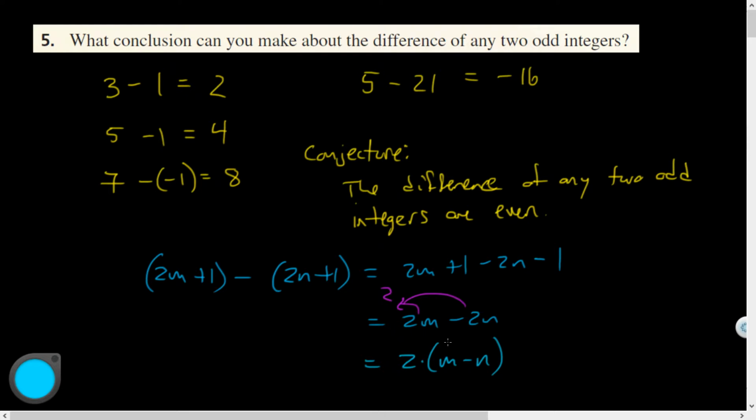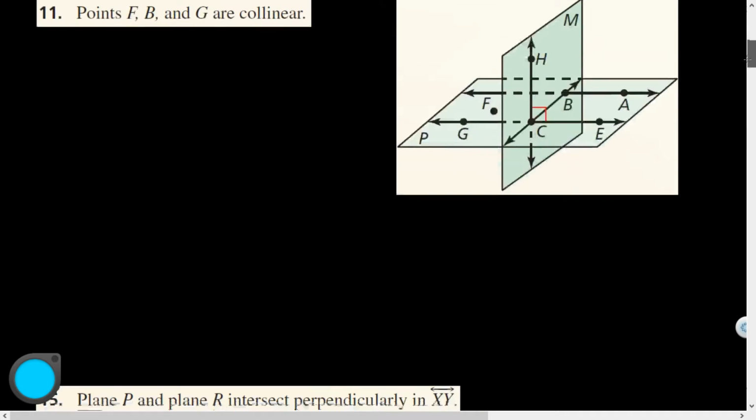That concept is the fact that integers are closed under the operation of subtraction, where if you subtract two integers, you will get another integer. And 2 being multiplied by that suggests that 2 is now a factor of my new number, which was the difference of these two odd integers, and this one is even. All right, so that's a little bit more of a formal proof if you wanted it.